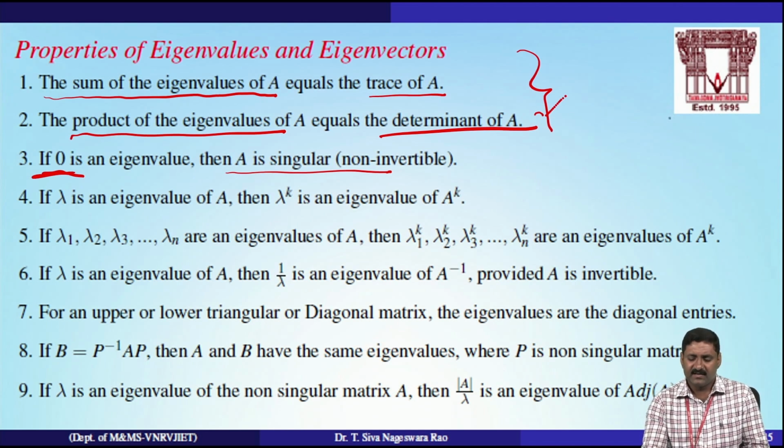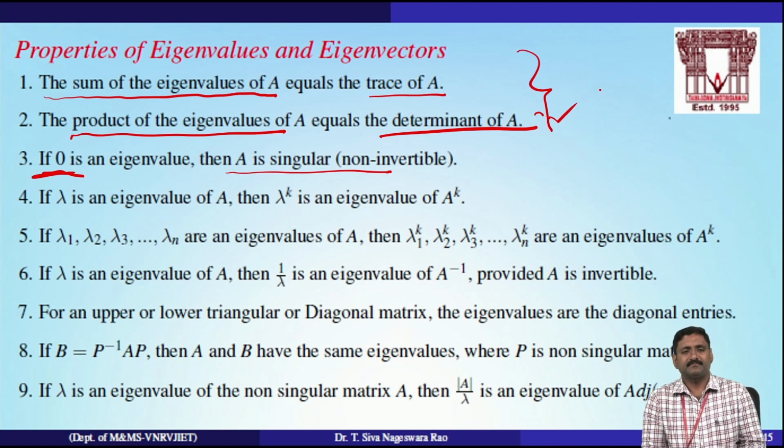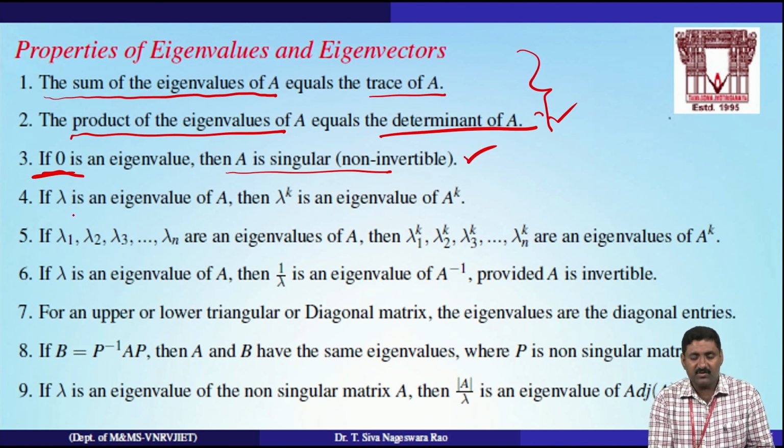It shows the determinant is 0. If the determinant is 0, the inverse of the matrix does not exist. So that is the reason A is singular.